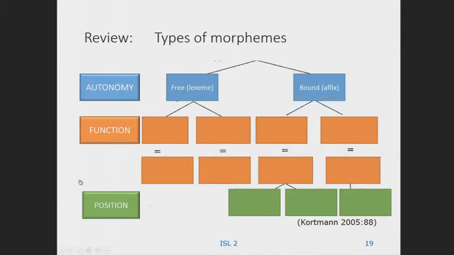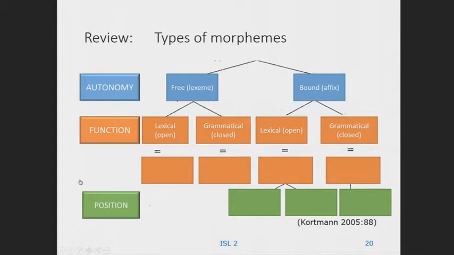What two functions did we identify last time? And I already heard that here with the hypotheses about what in and infinite does. What are the two functions morphemes can fulfill? Beautiful, thank you. Lexical and grammatical. Now, if it's a free lexical, that's different from a free grammatical, right?